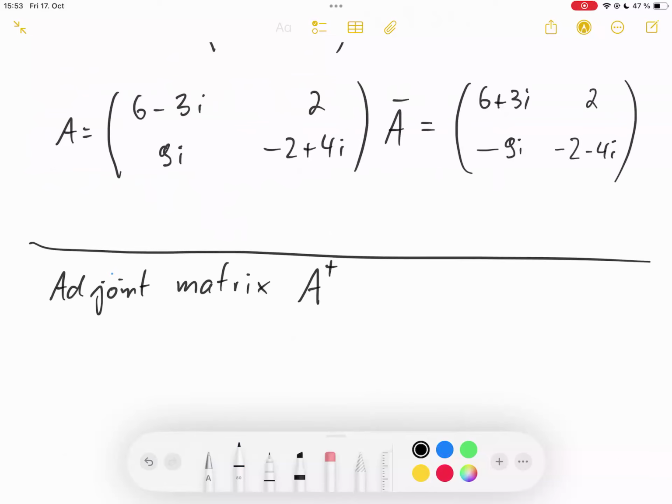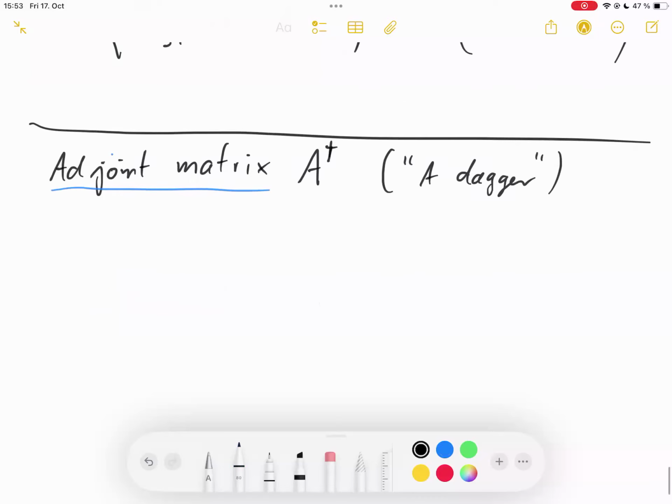It's not a plus, it's a dagger. So we pronounce this as A dagger. It's not a plus because it's more like a cross. So A dagger. And this is a new concept as well, this adjoint matrix. And I'll show you how it's defined.